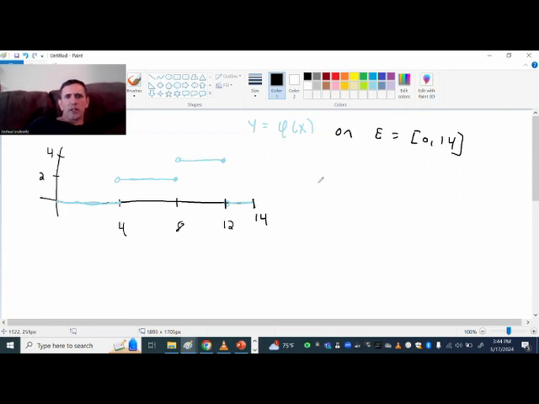Okay. So in this example, this here is going to be, of course, 0. This from 0 to 4 and 12 to 14 is 0. Open 12 to closed 14, 0 to 4.